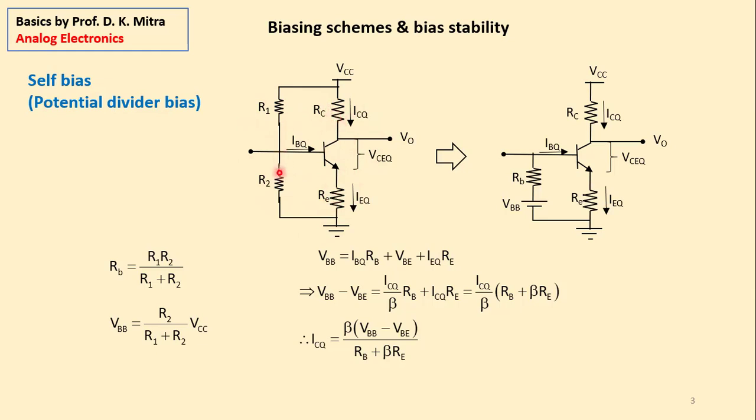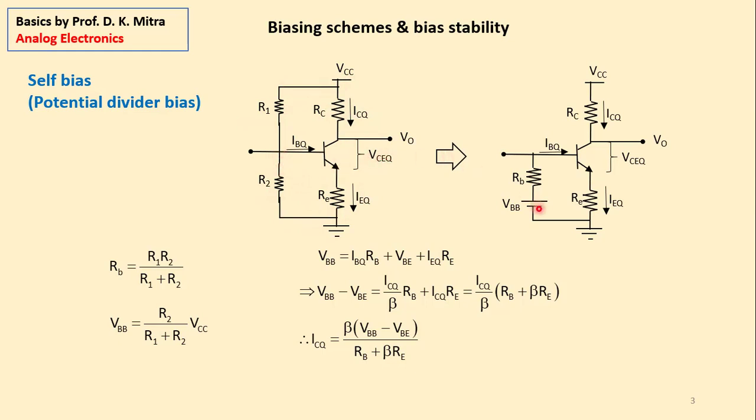Here, a resistor R2 is here, right? And what these resistors R1 and R2 do is, R1 and R2 work as a potential divider across VCC and the common. And it provides a voltage VBB here, right?